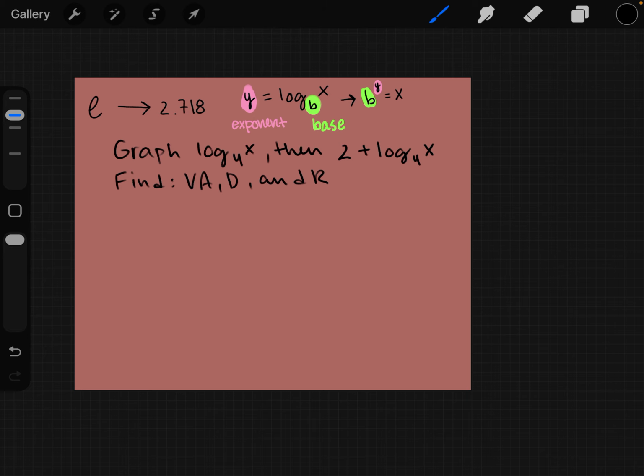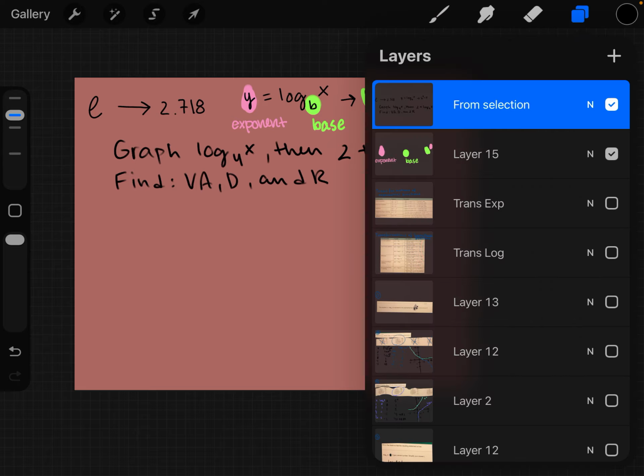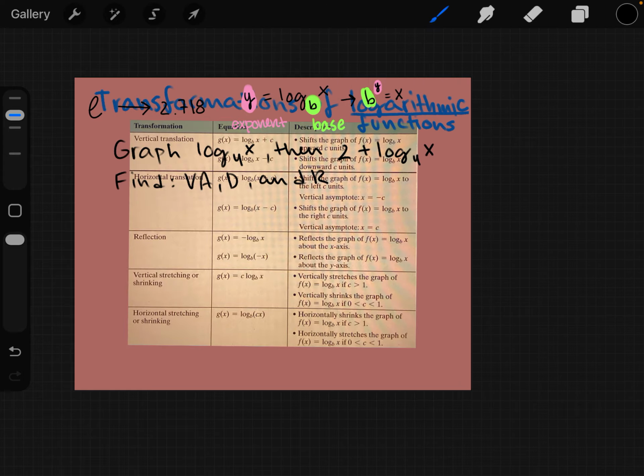Okay, this is a transformation of a logarithmic function. So it's not like the exponential ones, but if we can look back at our table, we have 2 plus out in the front. It is technically the one at the top, but it is not written.